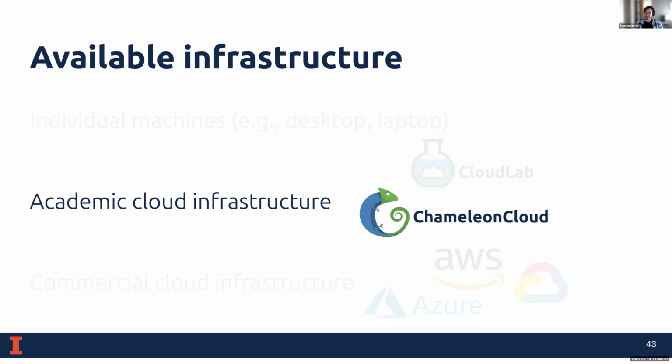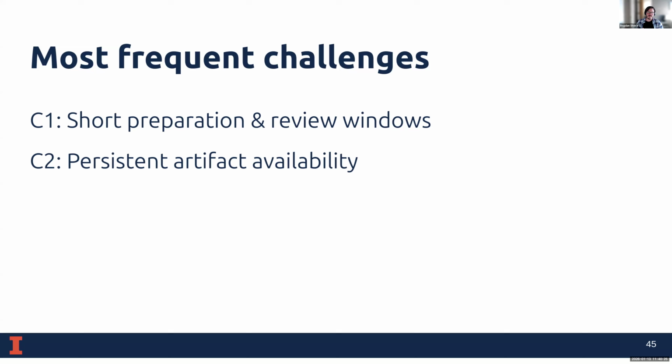Another problem is with persisting artifacts on durable long-term storage. Most of the artifacts are uploaded on GitHub because it offers so many cool features, and I totally get it. But we also want to encourage authors to store their artifacts on repositories where you cannot rewrite history. So basically, you don't go after a conference and change what's been evaluated.